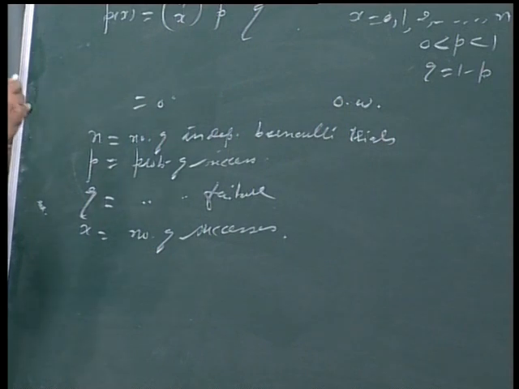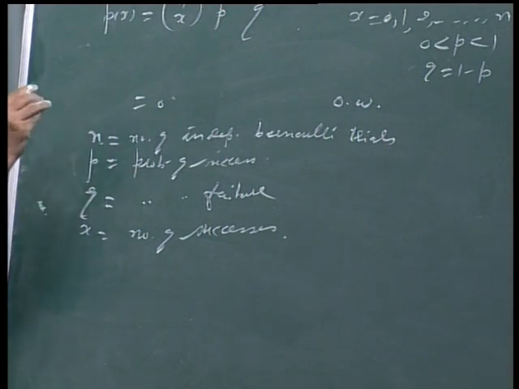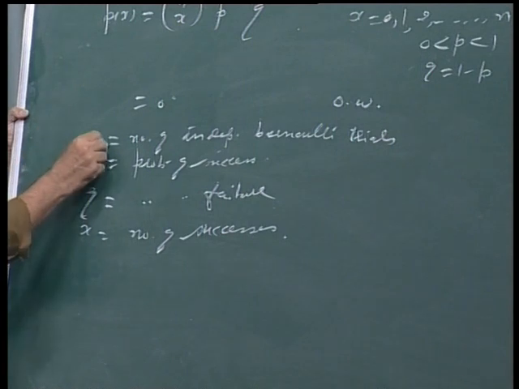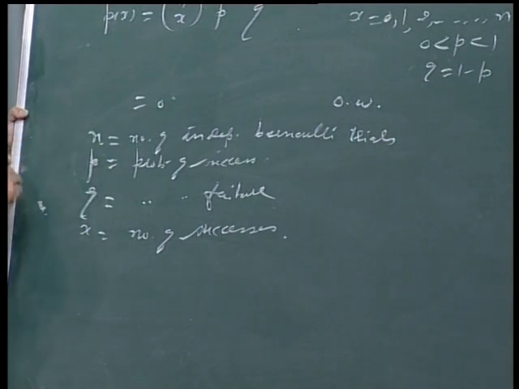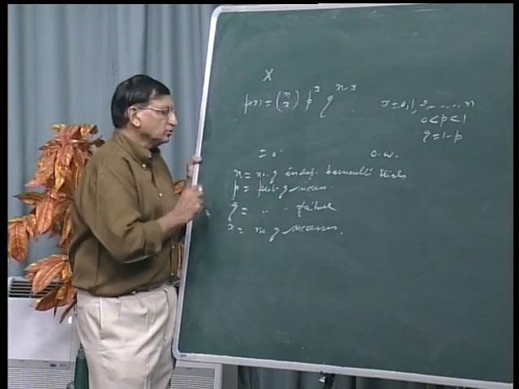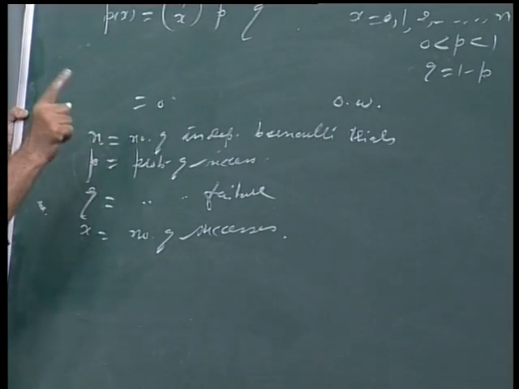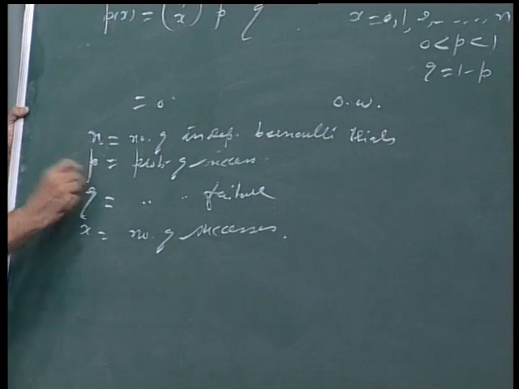Now, solving the sums of binomial distribution will be taken by Professor Patel, but I just want to say that by reading any sum, you have to determine the values of n, p, x, especially the values of the parameters n and p. First determine the value of n, the number of independent Bernoulli trials, how many trials are taken.